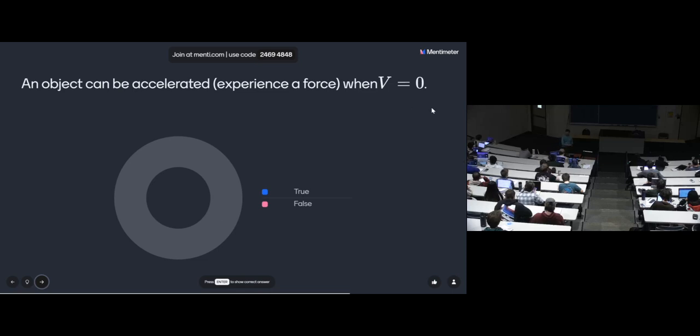So, according to my friend Smeagol, tricksy question here: an object can be accelerated, that is to say, experience a force, when V equals 0, true or false? Good.